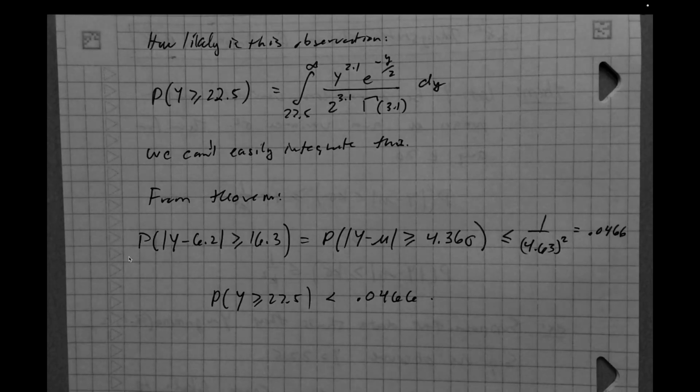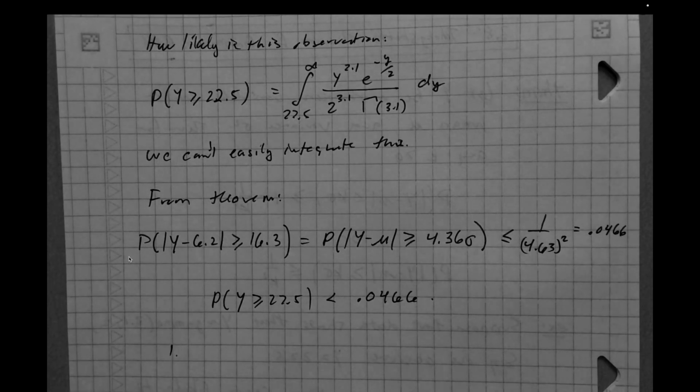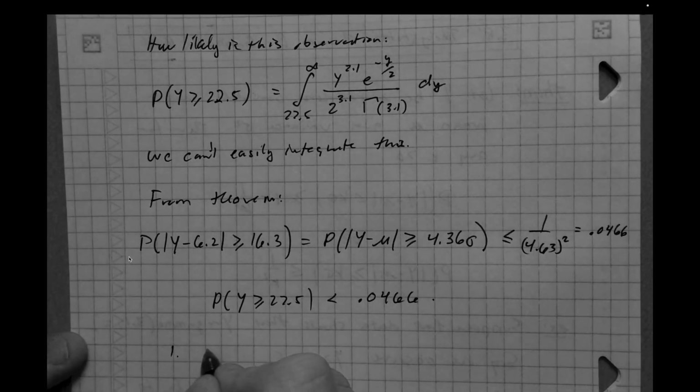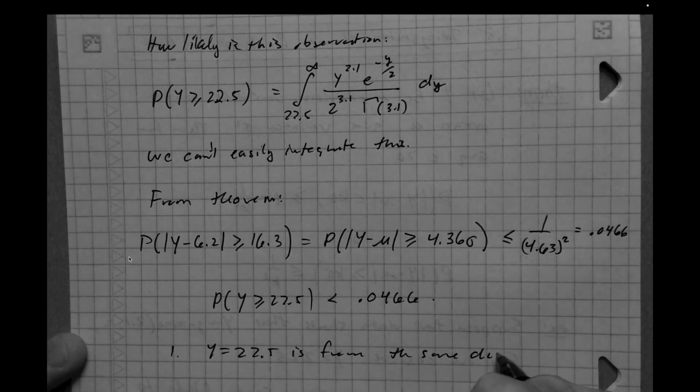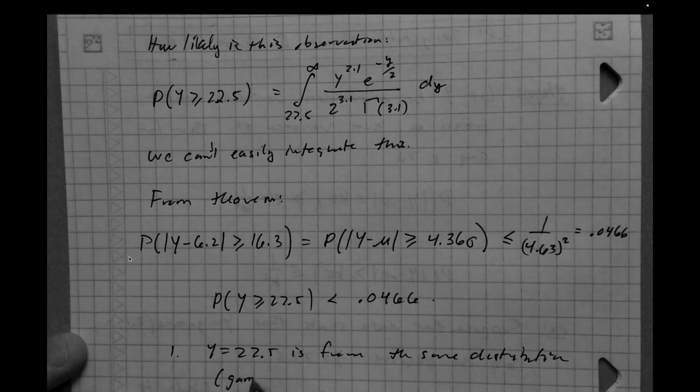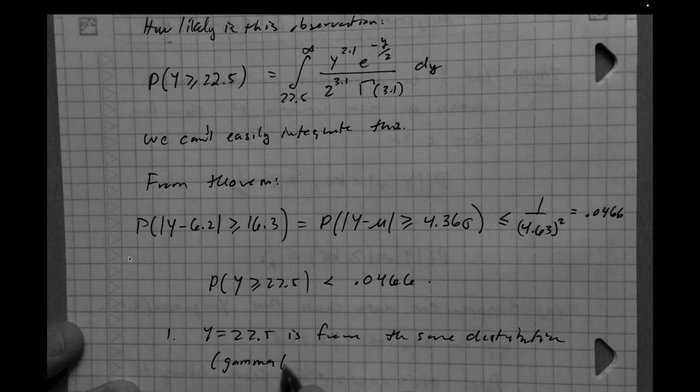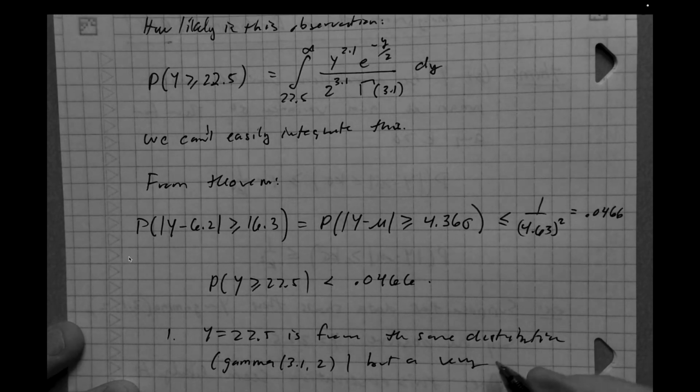We can either assume that y equals 22.5 is from the same distribution, gamma 3.1 and 2, and is a very extreme case.